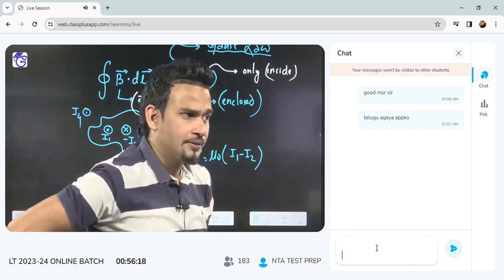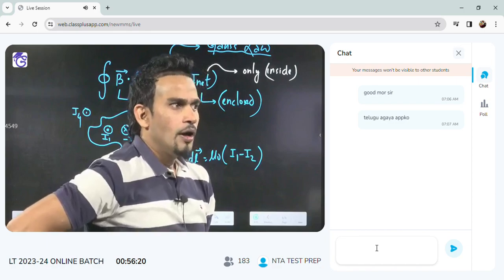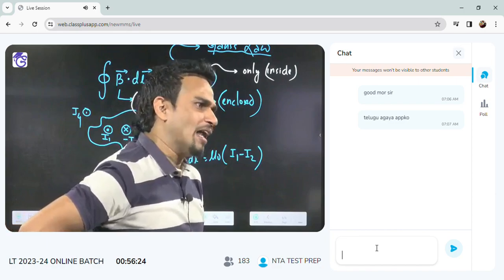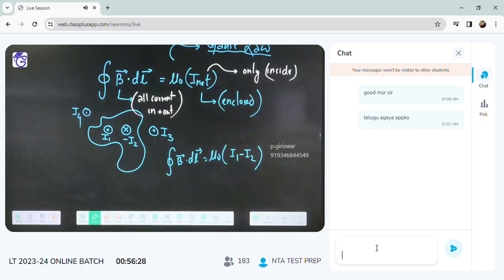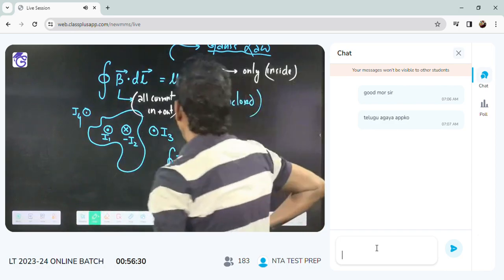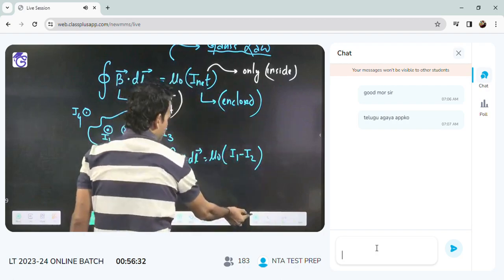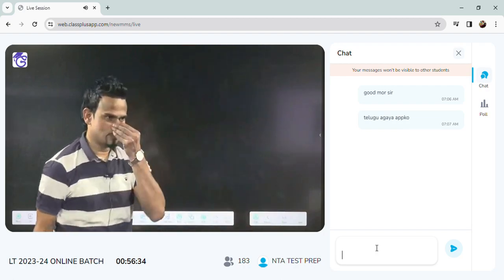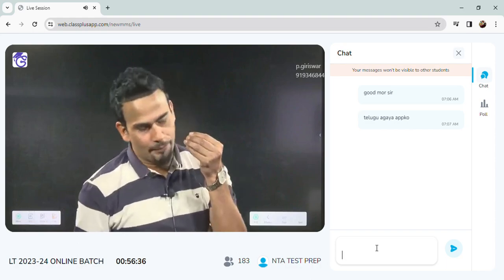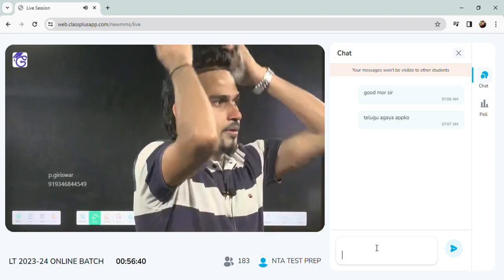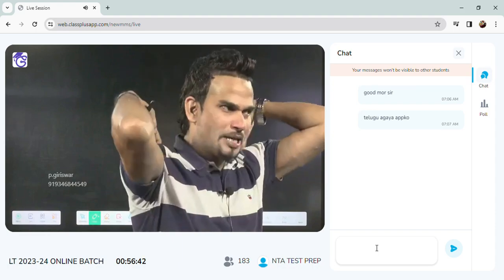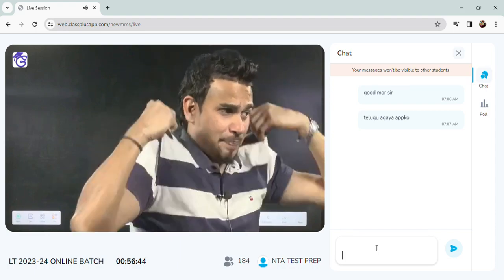You write: force between parallel wires. Again an important NCERT part.